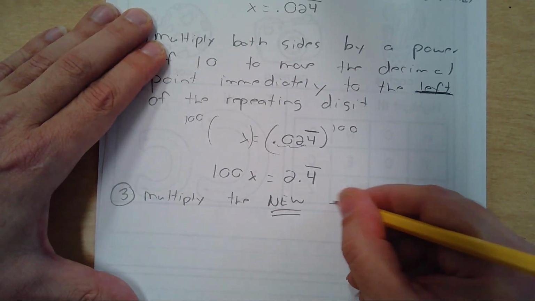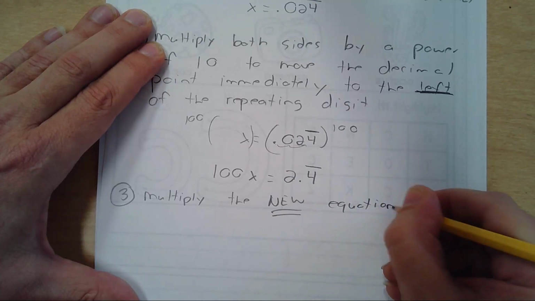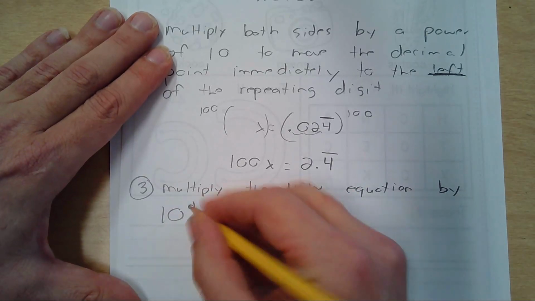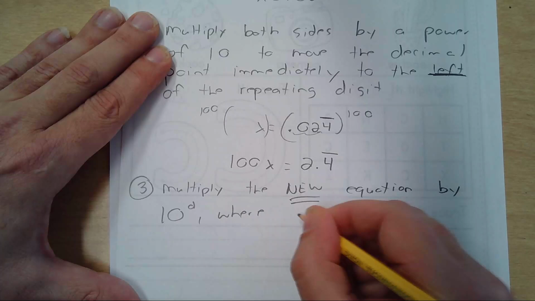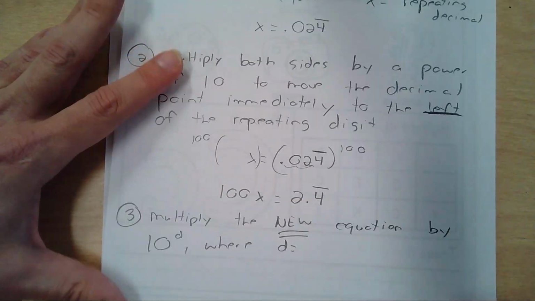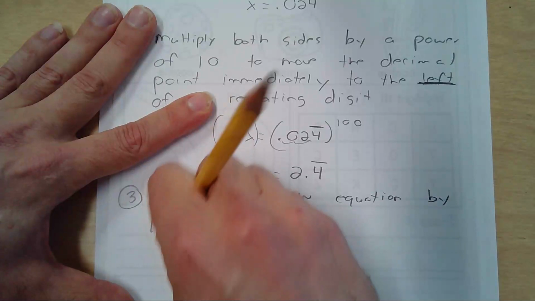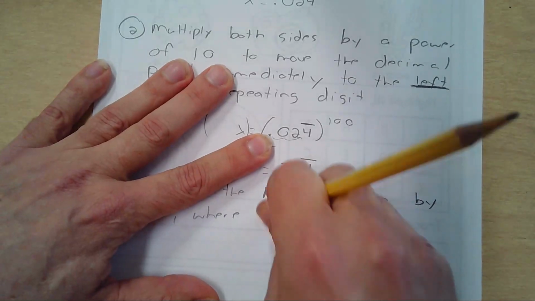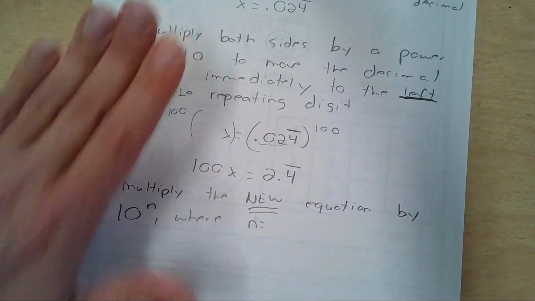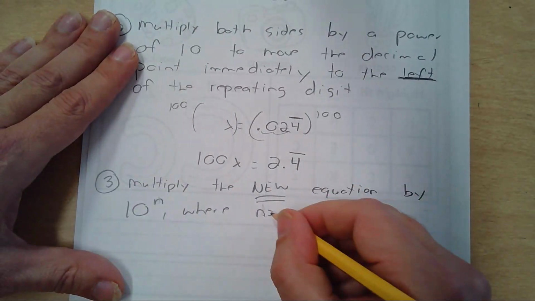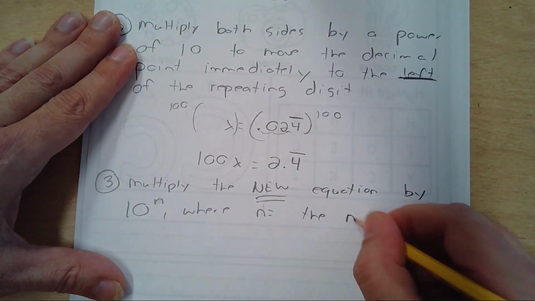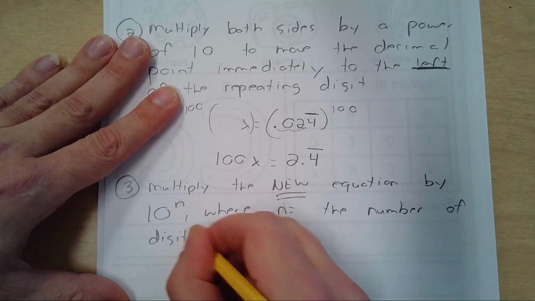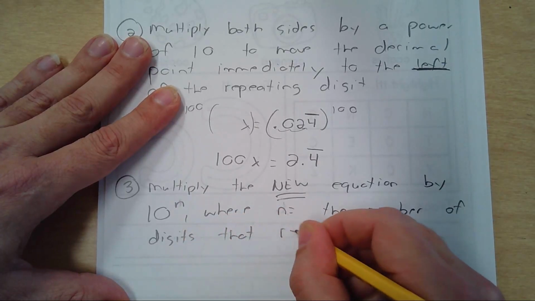Multiply the new equation, same thing, by 10 to the n, where n equals the number of digits that repeat.